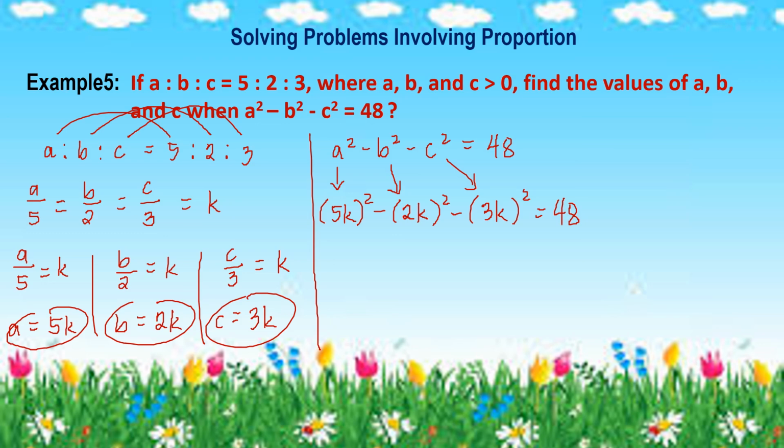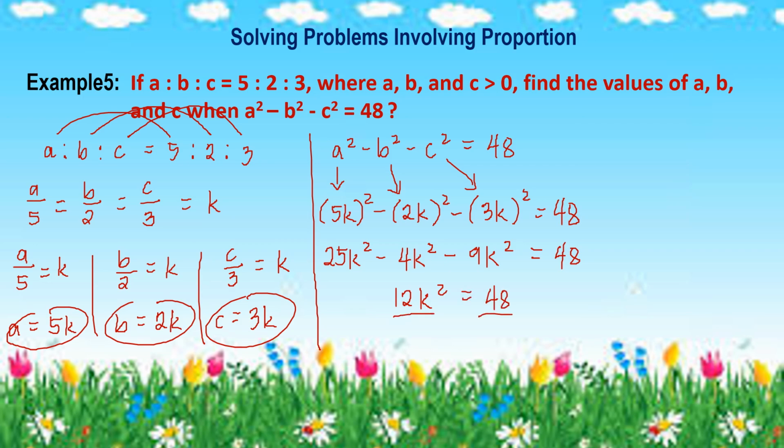Let us simplify. Quantity 5k to the second power is 25k squared. 2k squared is 4k squared. And 3k squared is 9k squared is equal to 48. Now what is 25k squared minus 4k squared minus 9k squared? That will give us 12k squared is equal to 48.